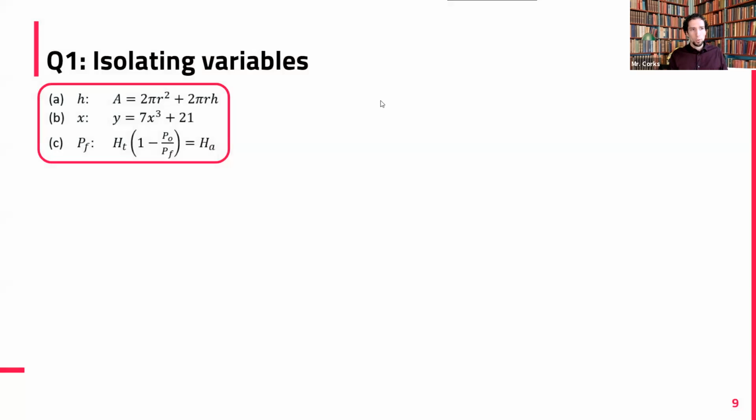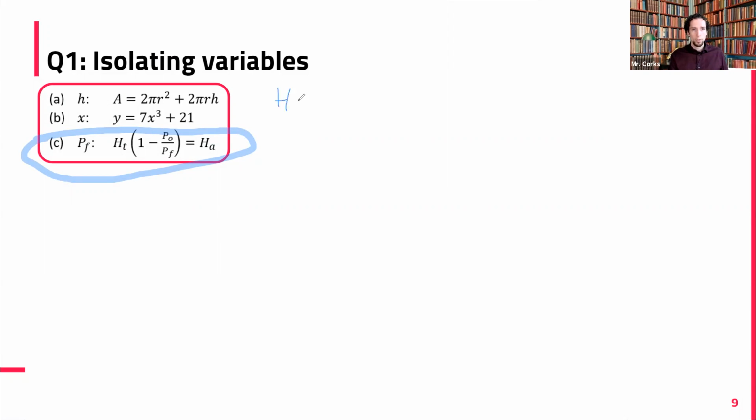Okay, so first one, question 1, just some simple algebra, rearranging equations kind of things. Again, I'm not going to do all of them, but let's use C as an example here, and talk about how we should solve a question like this.